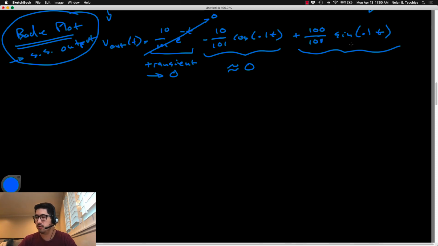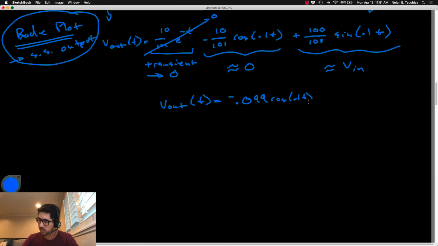Now, the input itself was 1 times sine of 0.1t. So what we're seeing here is basically the same as the input signal. You have something that's small, relatively speaking, plus something that's basically equal to the input as our entire output. So V out is equal to minus 0.099 cosine of 0.1t plus 0.99 sine of 0.1t.